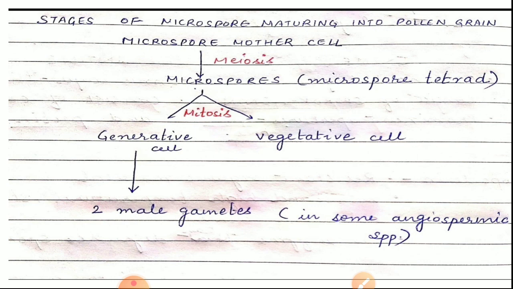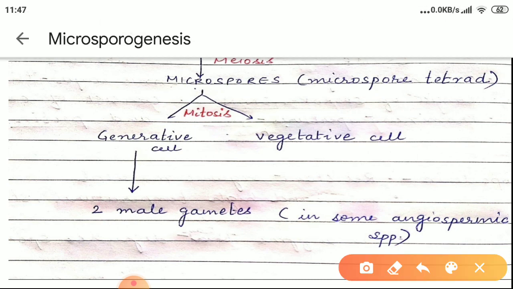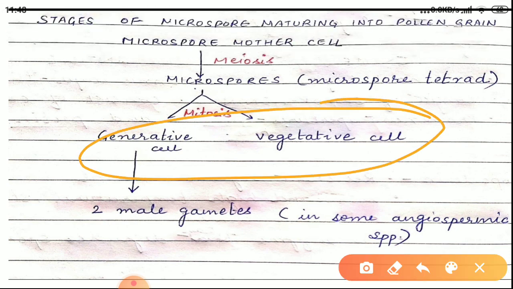three-celled stage. Always remember that two-celled stage clearly means having one generative cell and one vegetative cell. This is the two-celled stage. But what do you mean by three-celled stage then? In some plants, generative cell, before shedding, divides into two male gametes.